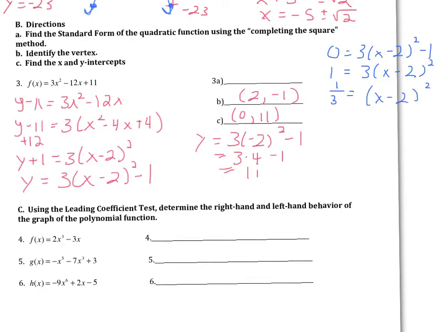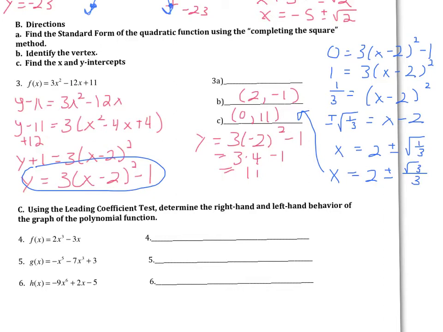And if I square root both sides, I get plus or minus the square root of 1/3 equals x minus 2. So x will equal 2 plus or minus the square root of 1/3. And I'm just going to rationalize the denominator. So x will equal 2 plus or minus root 3 over 3. And those would be my x-intercepts. And then our standard equation would go in for part A.